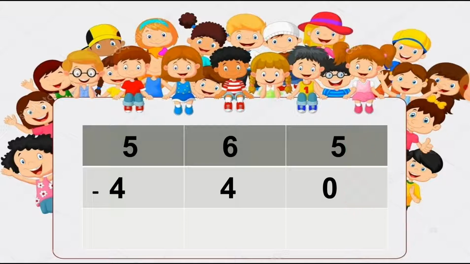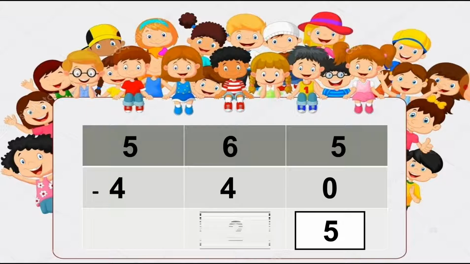Now 5 minus 0 is equal to 5. Then 6 minus 4 at the tens column. Here you also have to check that the bigger number is at the top side. Here 6 is the bigger number and it is at the top side, so we can easily take away 4 from 6. The answer of this column is 2. Then at the hundreds column, 5 minus 4.